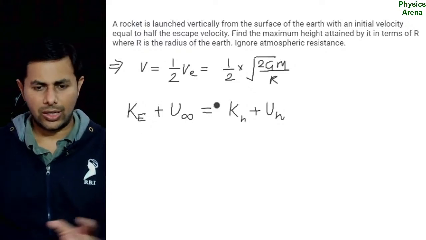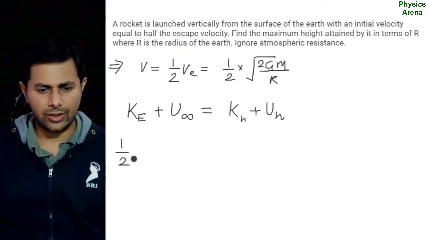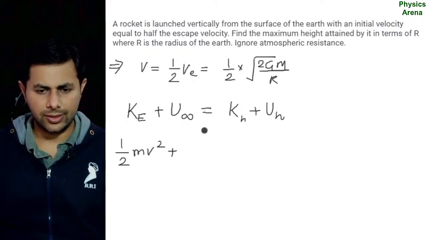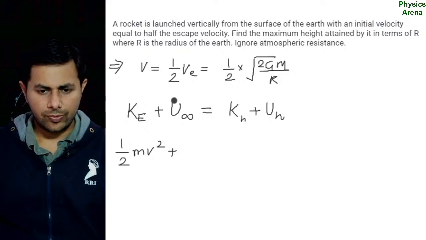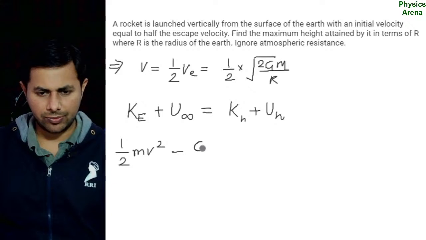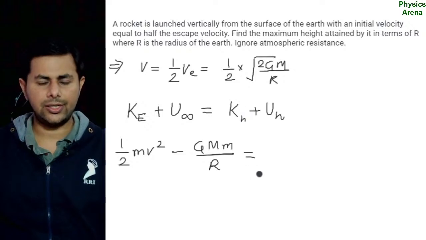Now let's substitute: kinetic energy is half of m into v squared. Potential energy is minus GMm over R, capital R. So that is equal to kinetic energy at height h.